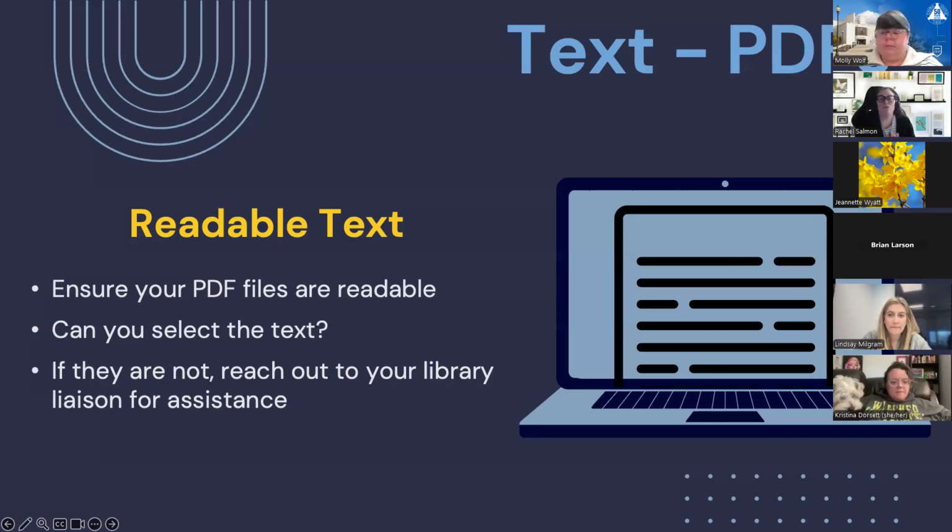So if you are checking a PDF file and you can't select the text, you are welcome to reach out to either TLT or the library, and we can assist you with what's called an OCR, which is part of our either Adobe or Foxit software, and it can basically scan for the text so that it's then readable and accessible. But that's one of those things people will sometimes think, oh, it's a PDF, it's fine. And while most are, we do want to really be careful with scanned PDFs.